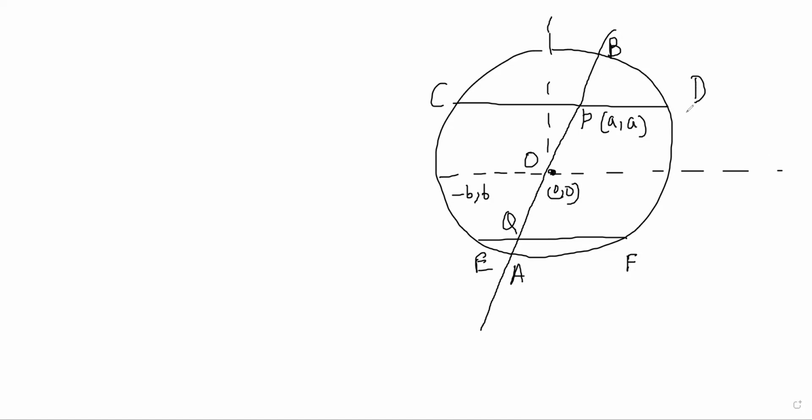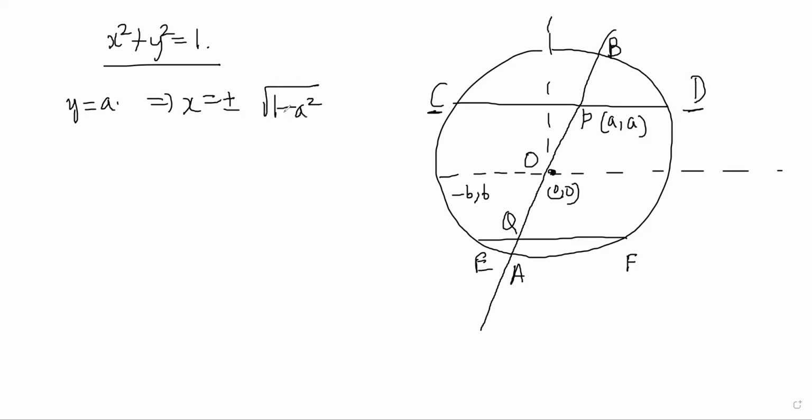It is obvious from here that the coordinates of C and D will be points lying on the circle, but y is equal to A. So x can be plus or minus root over 1 minus a square.